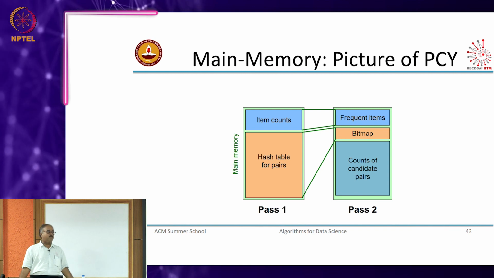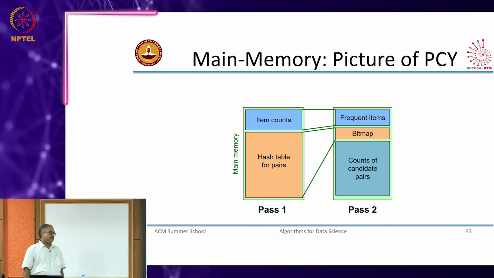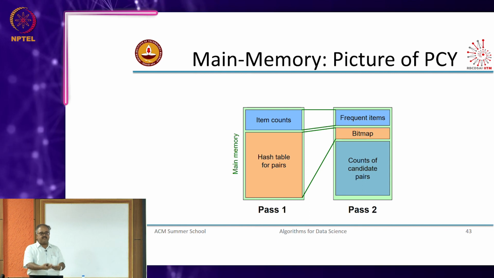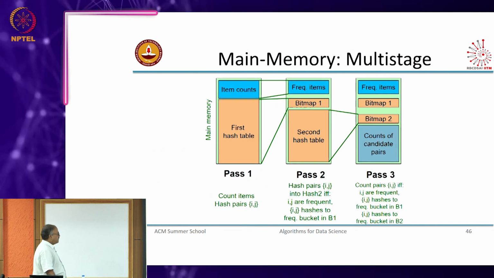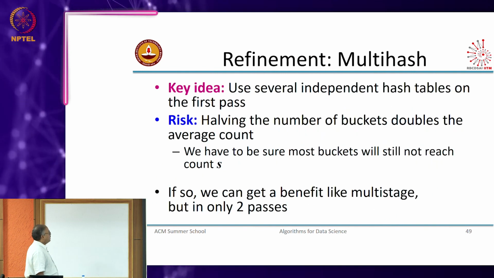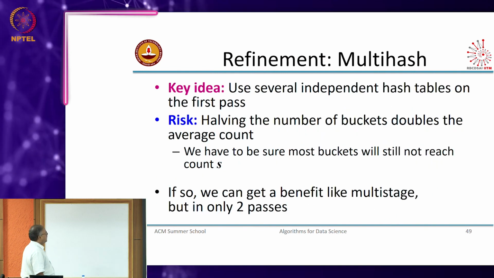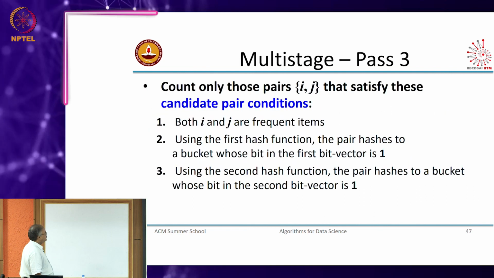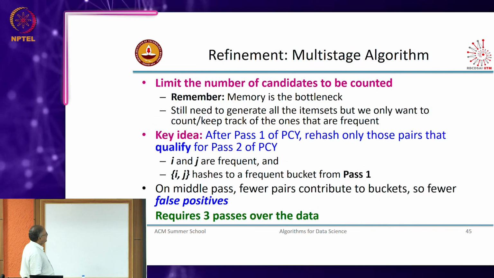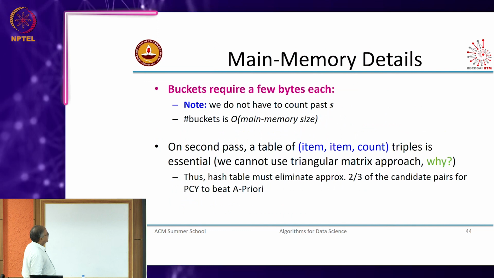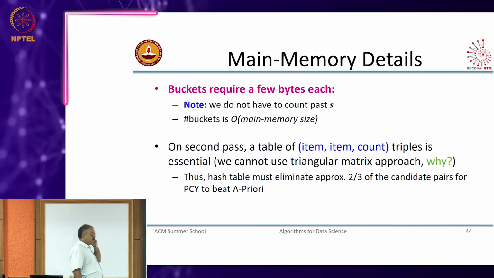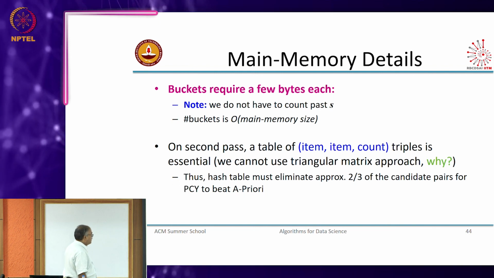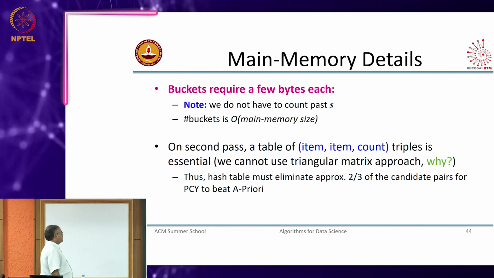In fact, I can stop counting if a bucket reaches the threshold, and if I hash into a bucket that's already frequent, I can stop counting. Therefore, I can reduce the amount of main memory I use per bucket by using fewer bytes than the full integer.